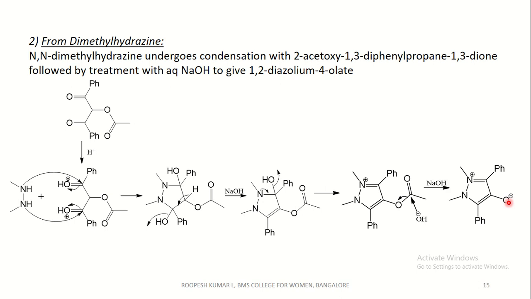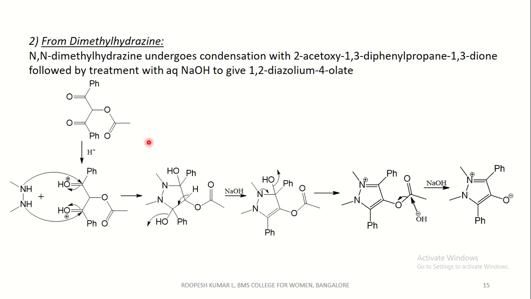The next synthesis starts from N,N-dimethyl hydrazine. N,N-dimethyl hydrazine undergoes condensation with 2-acetoxy 1,3-diphenyl propane 1,3-dione followed by treatment with aqueous sodium hydroxide to give 1,2-diazolium 4-olate.